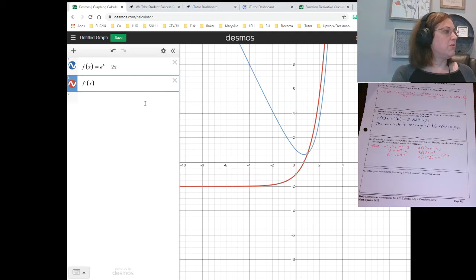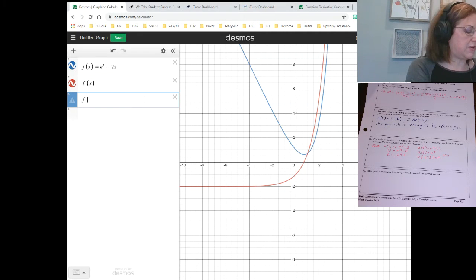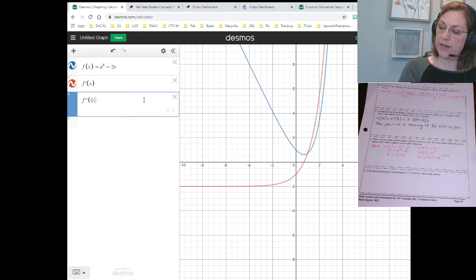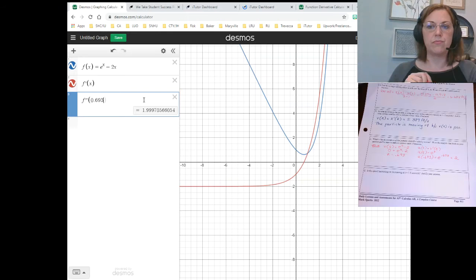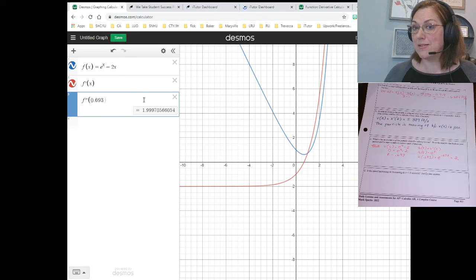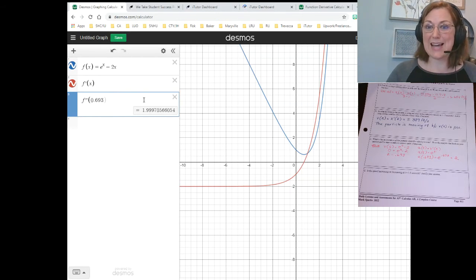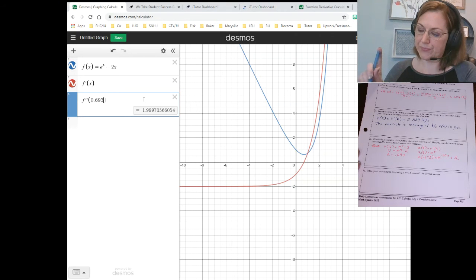And so then you can just put in f double prime of 0.693 and you get a nice value that rounds to 2. Now, why didn't I get exactly 2 like my friends who found t to be the ln of 2? The reason is because 0.693 was rounded. Therefore, I wasn't going to get exactly 2.